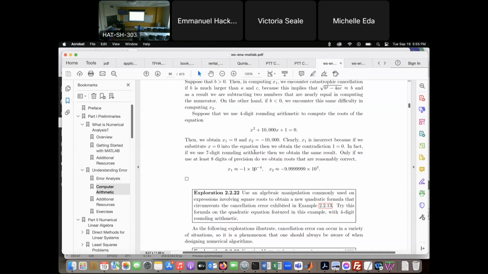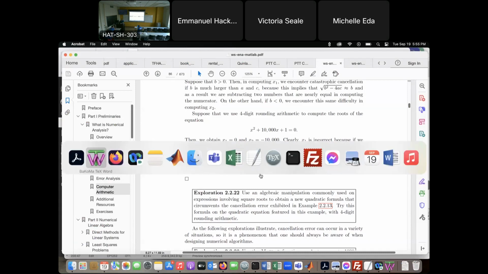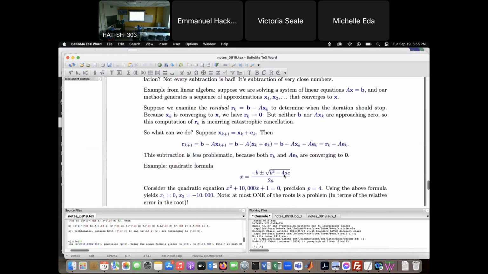However, if you rework the quadratic formula, you can get this root accurately without needing that extra precision. The reason we have 2 quadratic formulas is this subtraction: we have minus b plus or minus the square root. One of these is going to be a subtraction, which one depends on whether b is positive or negative.